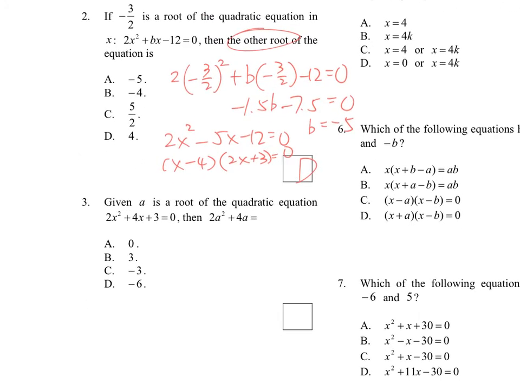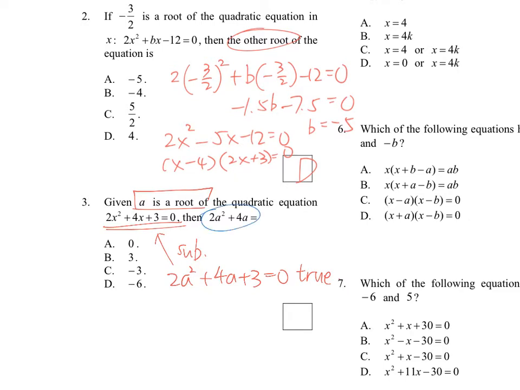Question 3. Given that a is a root, whenever you see that it is a root, it means that you can do the substitution. It means that this is always true, due to the fact that a is a root of this equation.